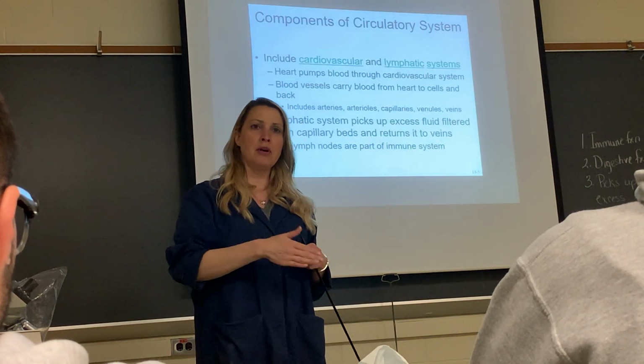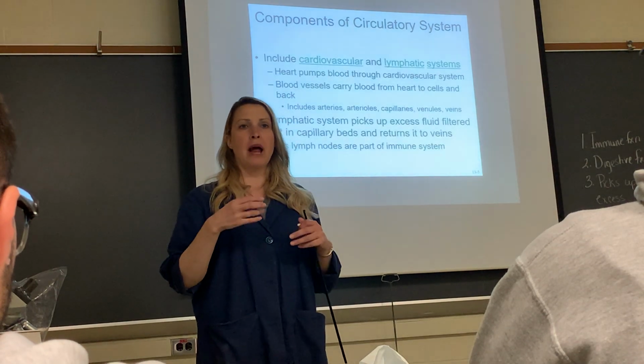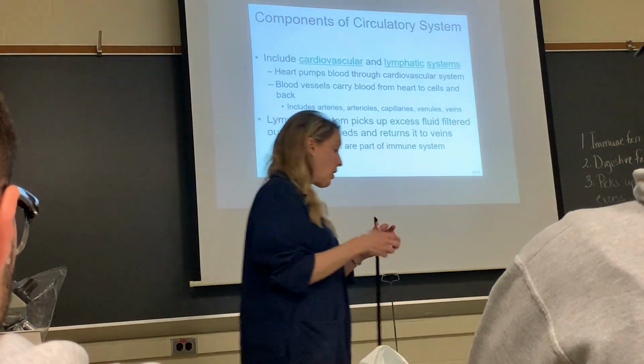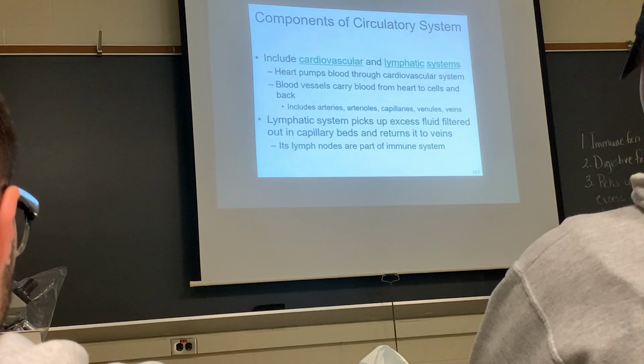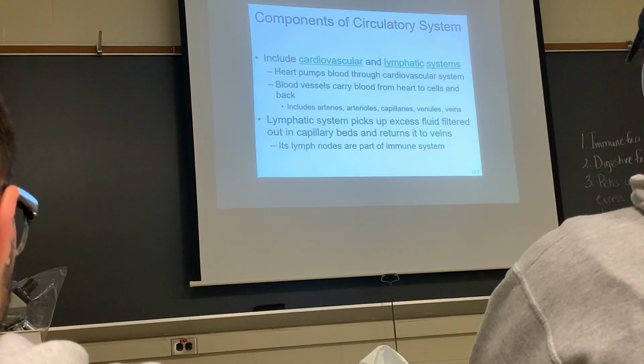It'll back up in the circuit, and so there's a higher hydrostatic pressure in the vessels because of the backup. Because of that, you're going to have a lot of excess water in the tissues, and maybe the lymph can't keep up with it.